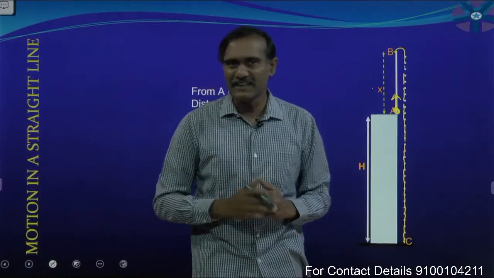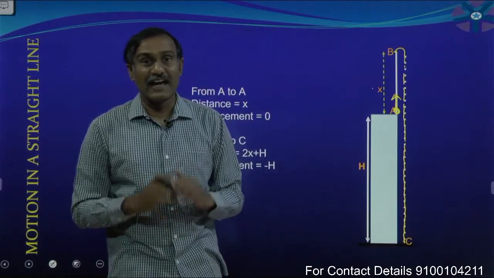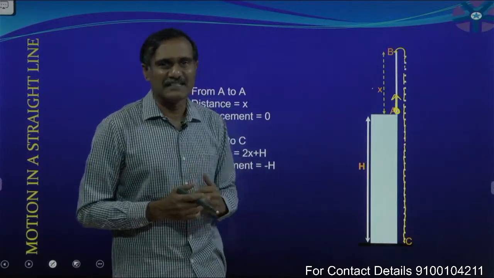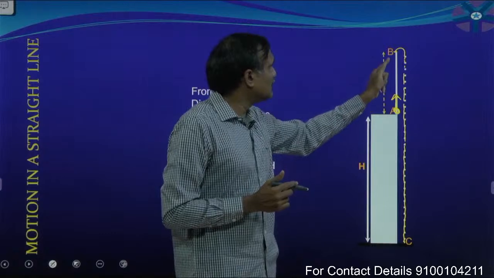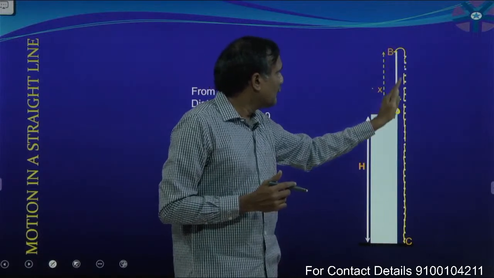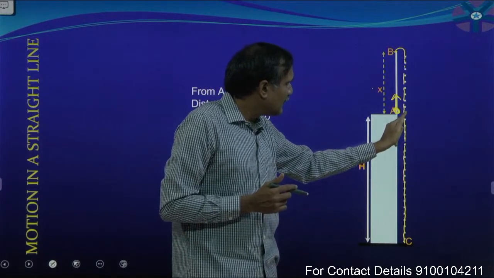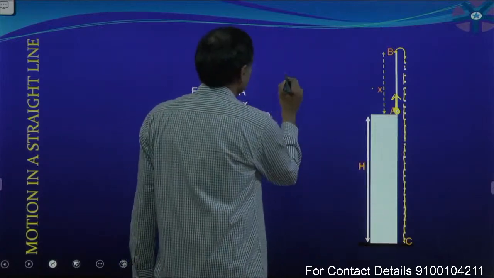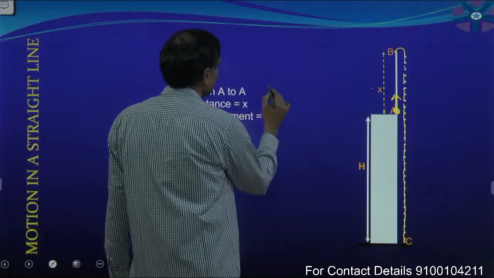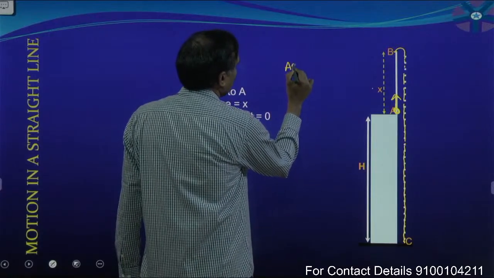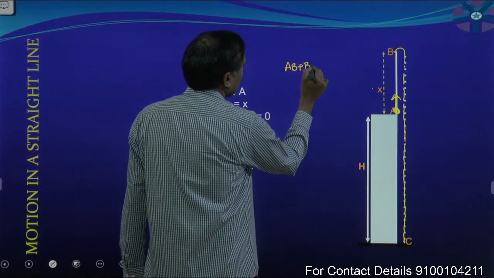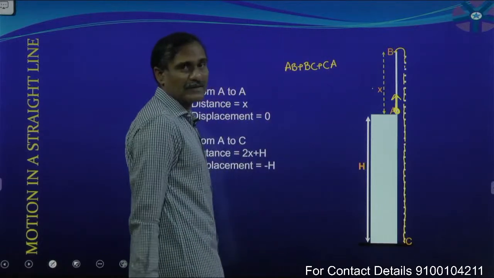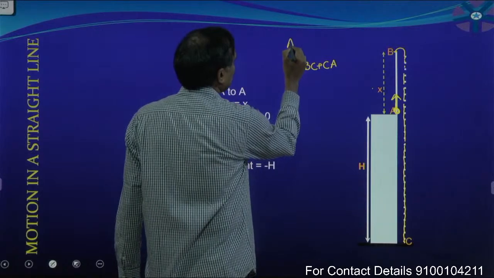What is meant by path length? The actual length of the path travelled by the particle, AB plus BC plus CA for the complete journey. That is from A to C.